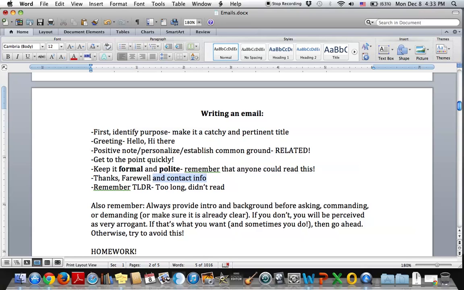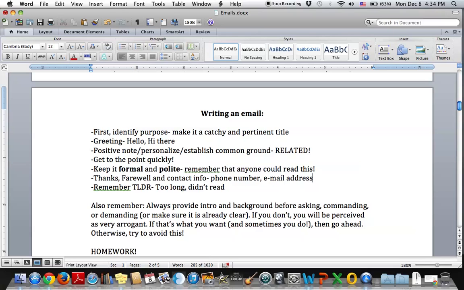Your contact information is just your email address, your phone number, whatever it might be. And usually, if you're working in a business or a company, that's already provided for you as part of your automatic signature. If not, then make sure that when you're looking at your contact information, you've got your phone number and your email address at the bare minimum.